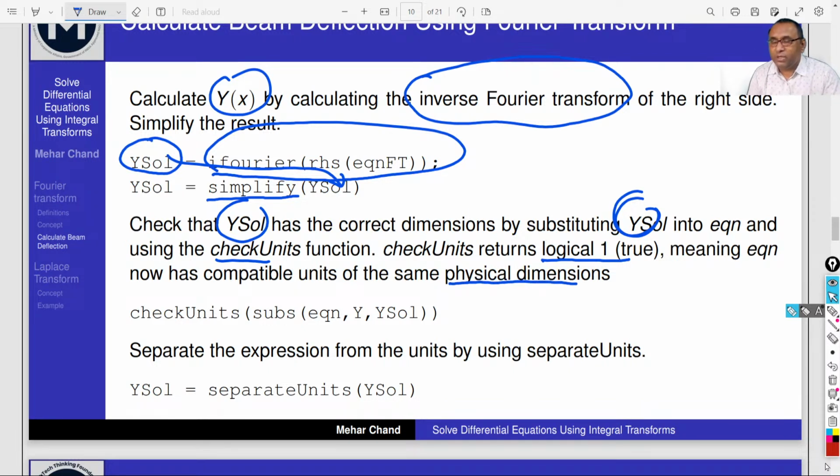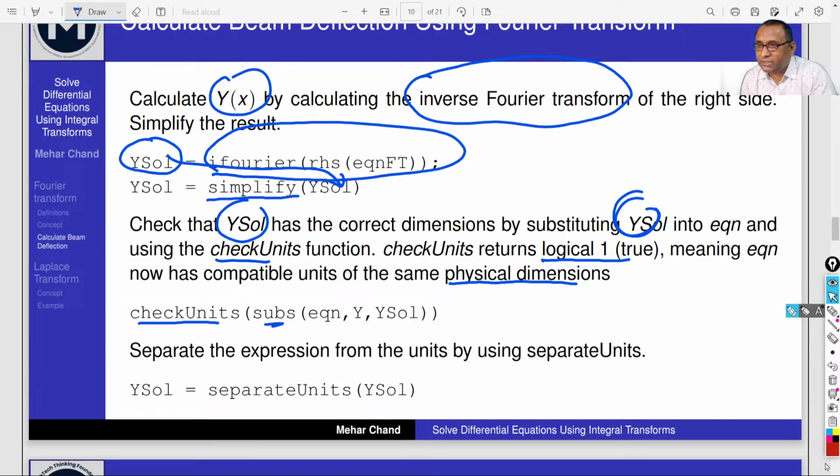Note this point. So for the parameters which are involved after getting the solution, we need to assign the values of the parameters which are involved in the solution or in the differential equation. So the physical dimensions must be the same. Only then we have the solution of the given differential equation. So we are using check unit here. Okay.